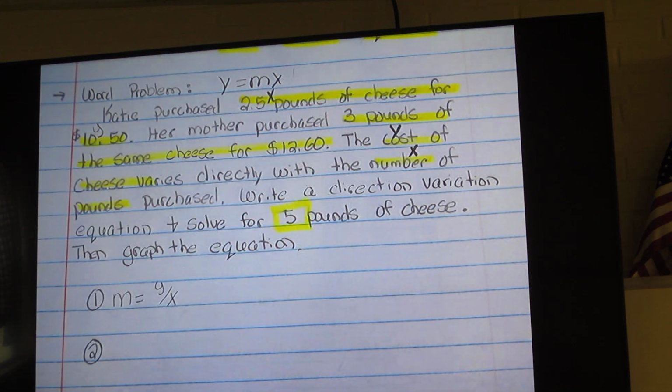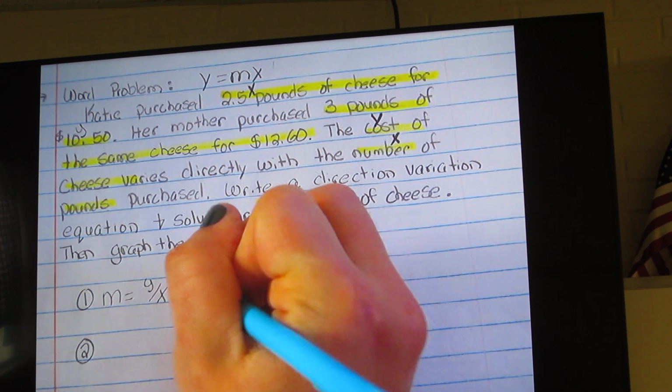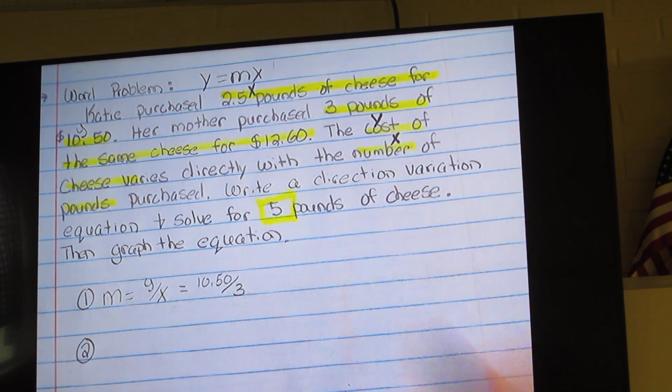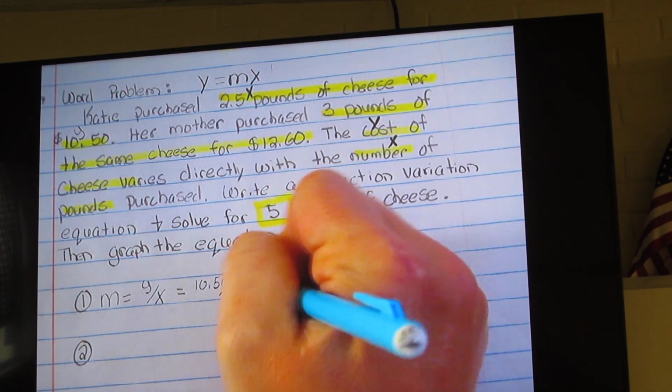That's your y value because cost is your y value. So we're going to do 10.50 divided by my 2.5 pounds of cheese. That's going to give me my unit rate to tell me how much it is per 1 pound of cheese. And that comes out to be $3.50.